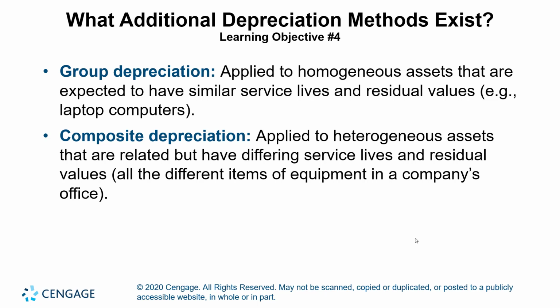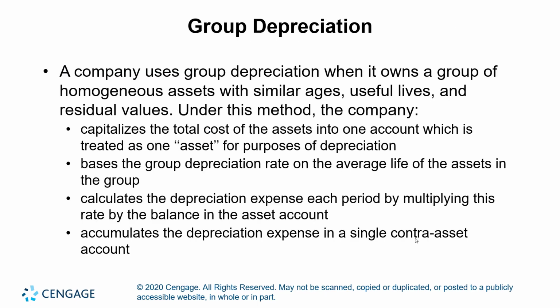A company could use group depreciation when it owns a group of homogeneous assets with similar ages, useful lives, and residual values. Under this method, the company capitalizes the total cost of the assets into one account, treated as one asset for the purpose of depreciation. The group depreciates at a rate based on the average life of the assets in the group. The company calculates the depreciation expense each period by multiplying this rate by the balance in the asset account, and then accumulated depreciation is a single contra asset account.